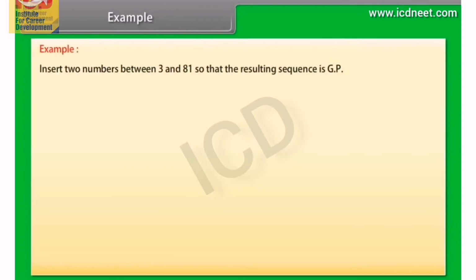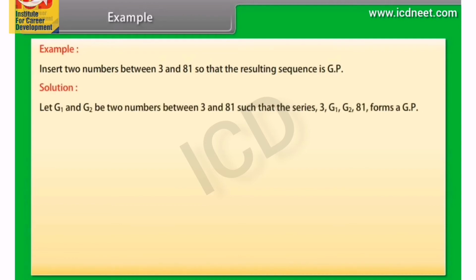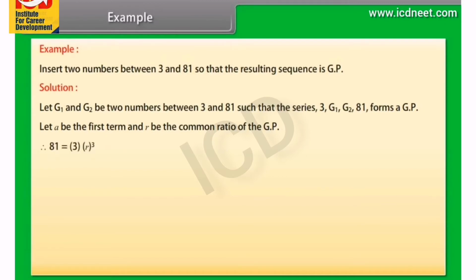Example. Insert two numbers between 3 and 81 so that the resulting sequence is GP. Solution. Let G1 and G2 be two numbers between 3 and 81 such that the series 3, G1, G2, 81 forms a GP. Let A be the first term and R be the common ratio of the GP. Therefore, 81 is equal to 3 into R cube.